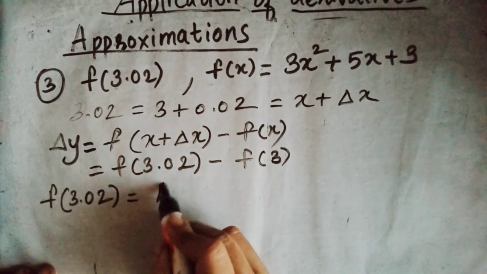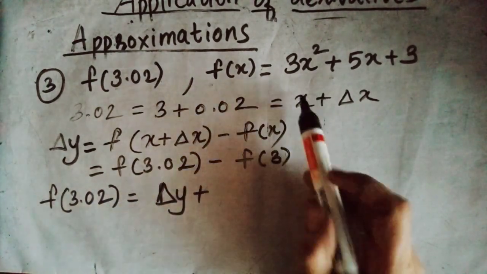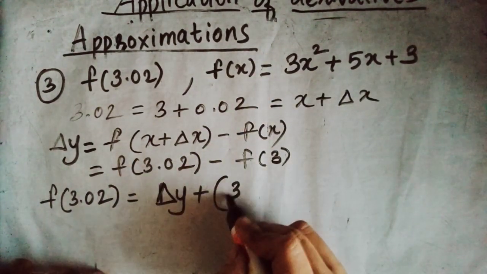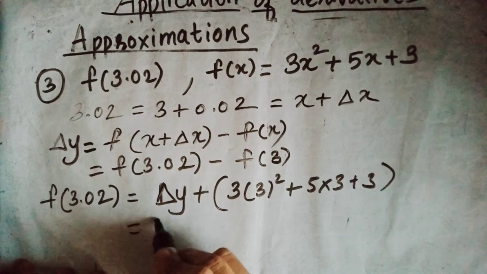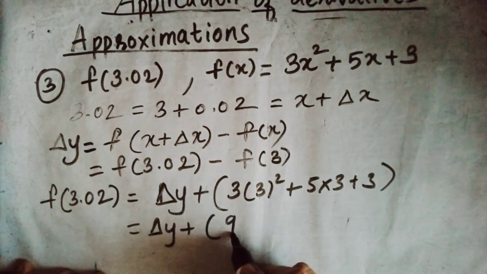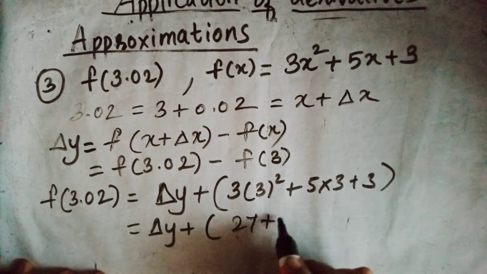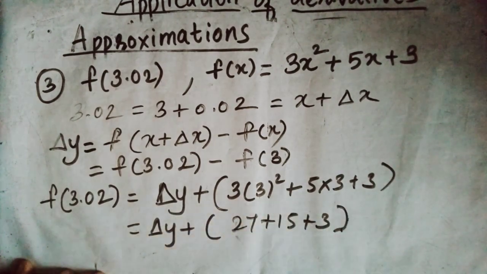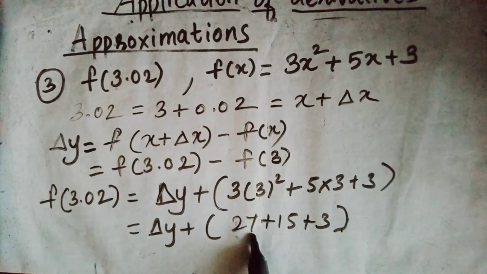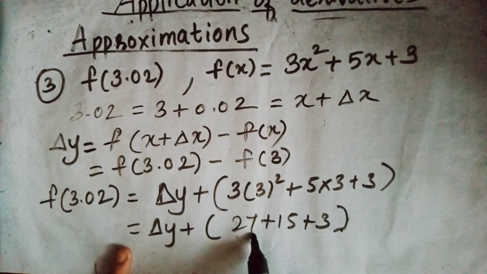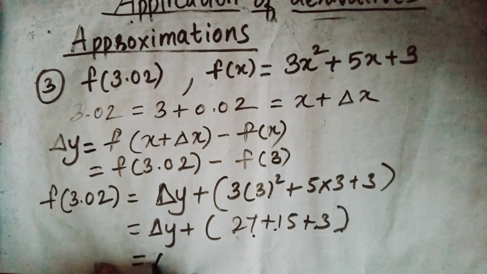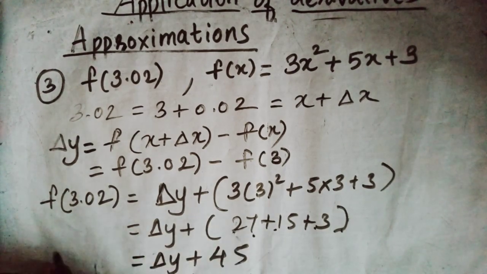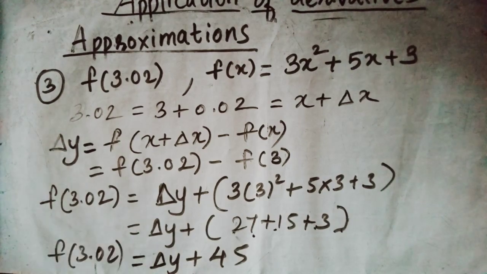So this will be delta y plus f of 3. f of 3 you can find, that is 3 into 3 square plus 5 into 3 plus 3. So this will be 9 into 3, 27 plus 15 plus 3, which is 45, right? Delta y plus 45, f of 3.02.